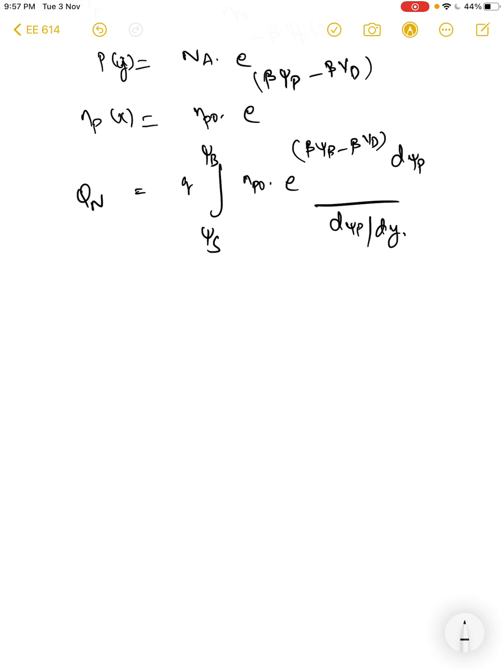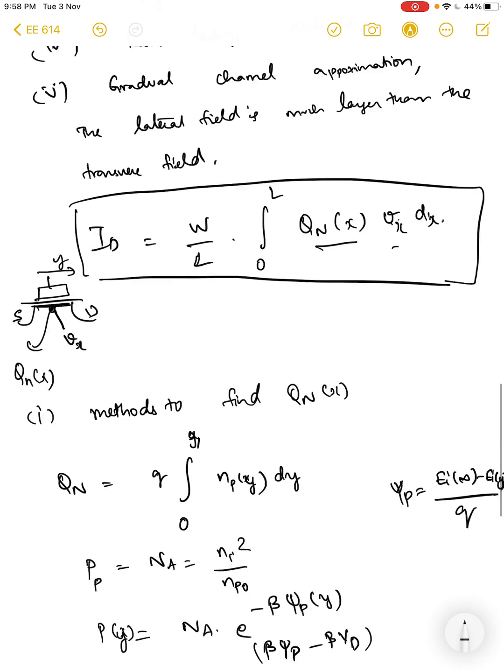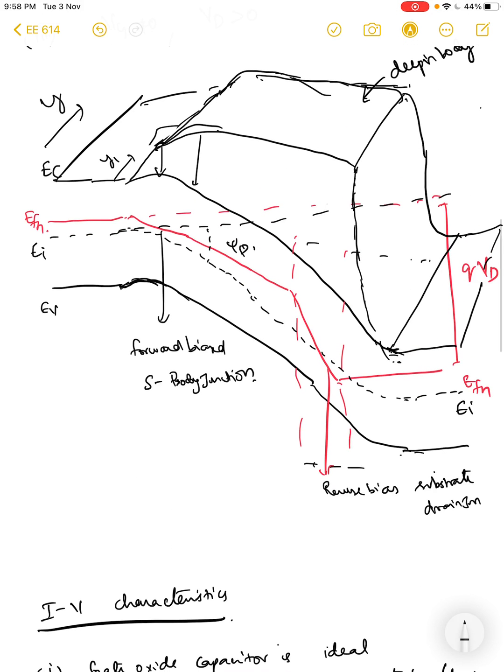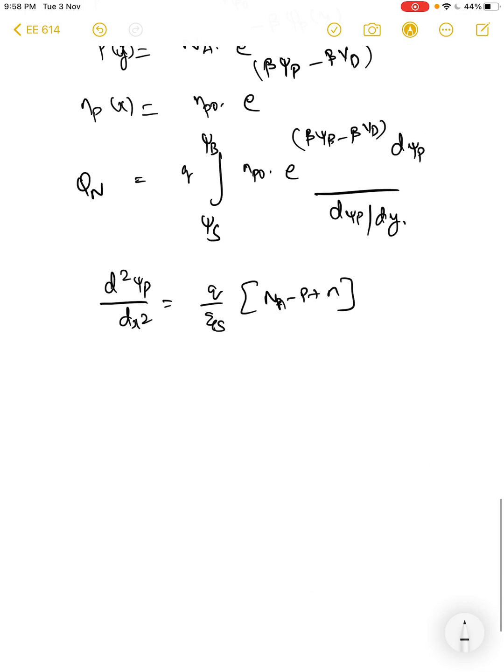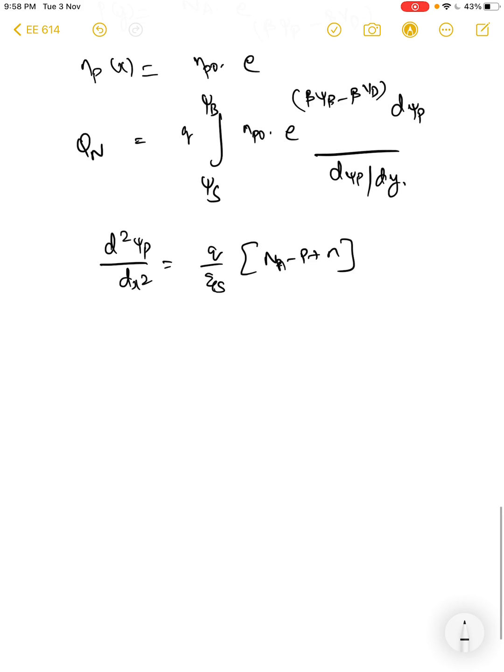And from the Poisson's equation, you know that d square psi p by dx square is q by epsilon s, Na minus p plus n, right? So Na is the ionized dopant density, because when the channel is depleted, you also have some ionized acceptor ions which are negative, right? So Na minus p plus n is the actual charge density in the semiconductor, and we can integrate this, and this is something that we previously saw in the metal oxide semiconductor junction treatment as well.